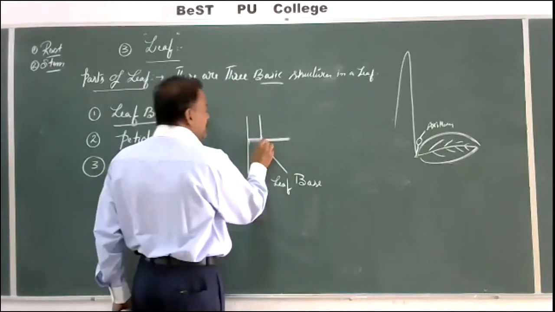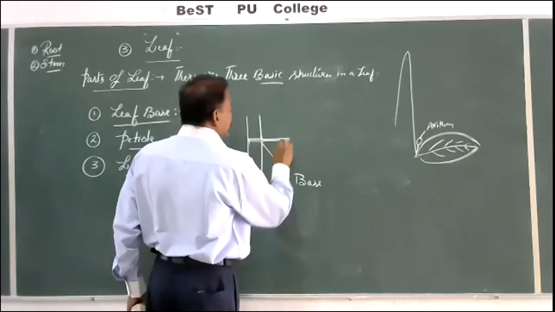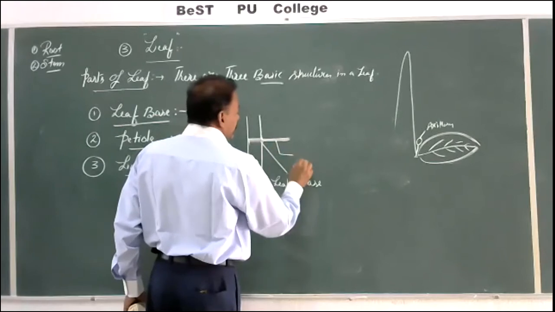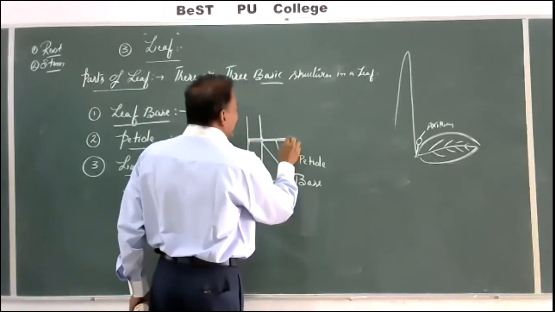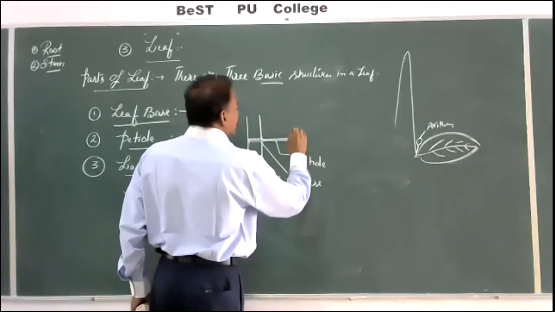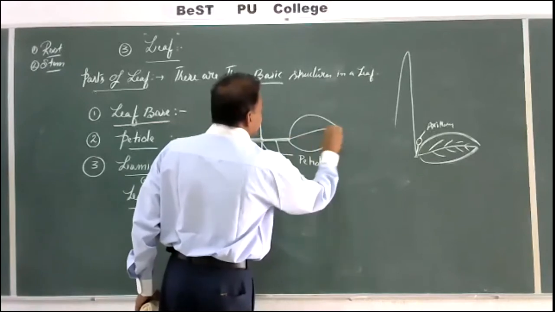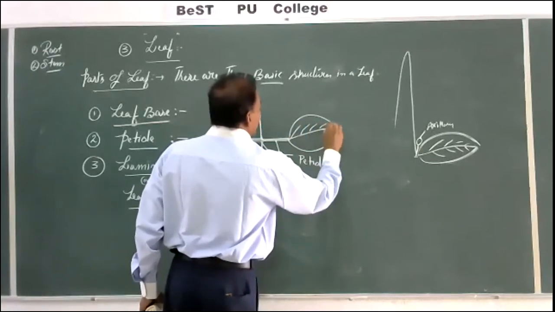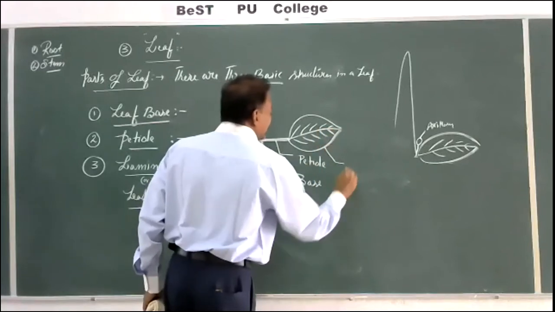And to this base, with the help of a stalk generally, this is called petiole. And at the end of the petiole, there is a flattened structure. This structure is called leaf lamina or leaf blade.